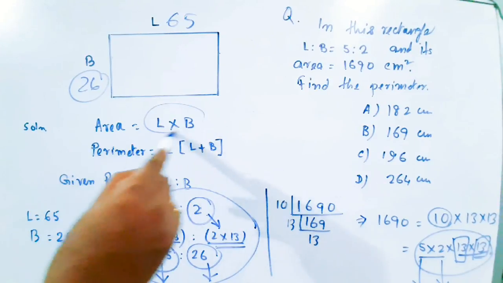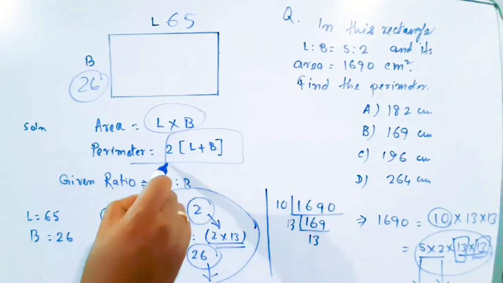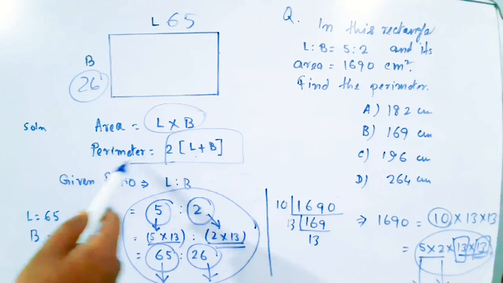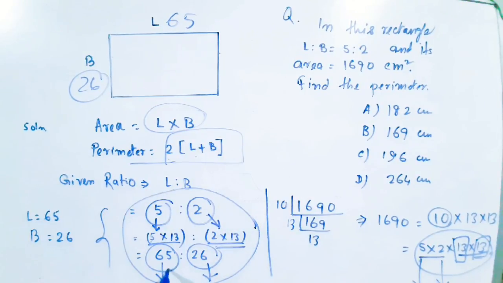We know area is L into B, and the perimeter is 2 into (L plus B). This rule has already been taught to the students of class 5, so they know the rule of perimeter and area. So perimeter is 2 into (L plus B). L is 65, B is 26.